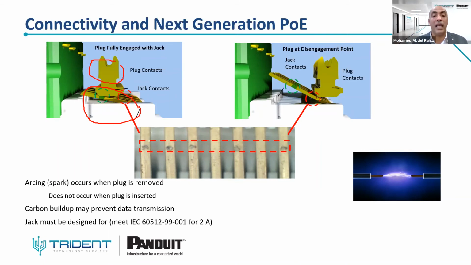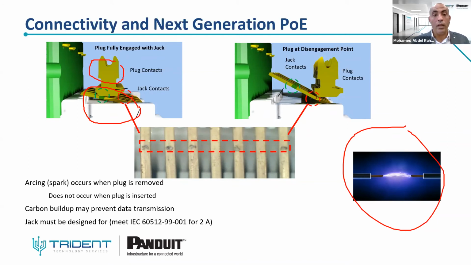The problem comes from any cable that is running POE: you have the spark, you have the arc, and it may happen between the plug and the jack. This spark may cause some carbon scoring. This carbon may affect the performance of the cable in the future.